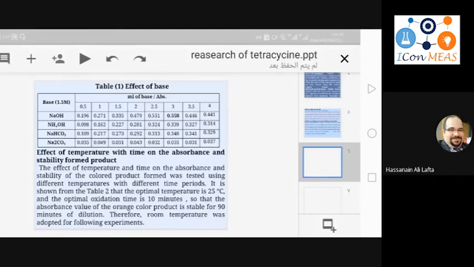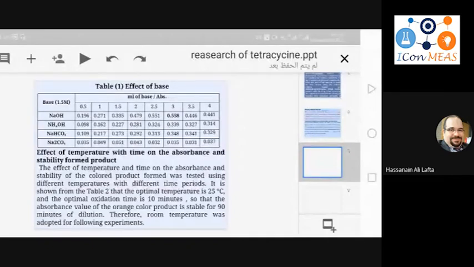It is shown from table 2 that the optimal temperature is 25 centigrade and the optimal oxidation time is 10 minutes, so that the absorbance of the orange color product is stable for 90 minutes after dilution.